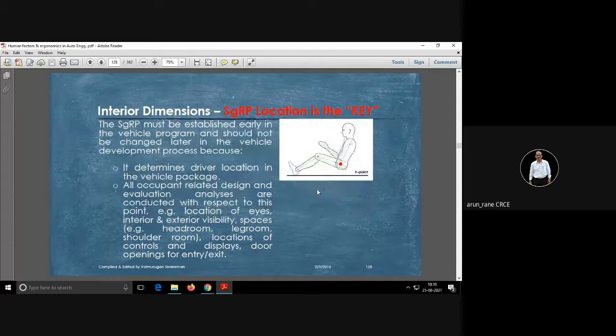Earlier, we used templates like this, for ergonomics. Even for layouts we used a template. Suppose I want to design a layout for 6 machines, then I will make a template of each machine on a cardboard, mark the space, and then keep the 6 machine templates. But nowadays in AutoCAD or other software, it is very fast.